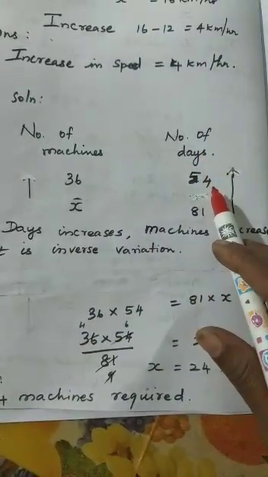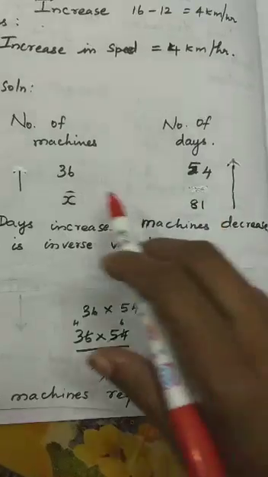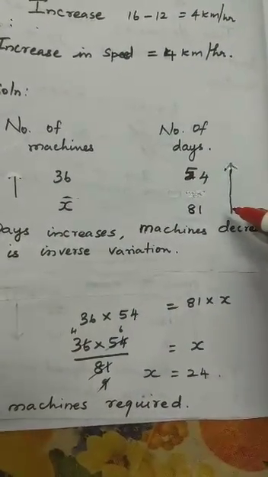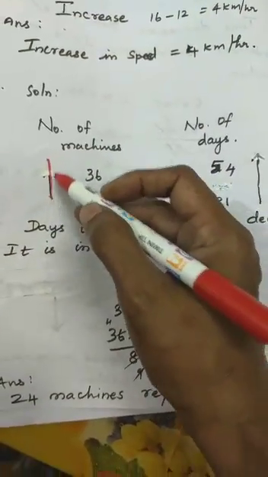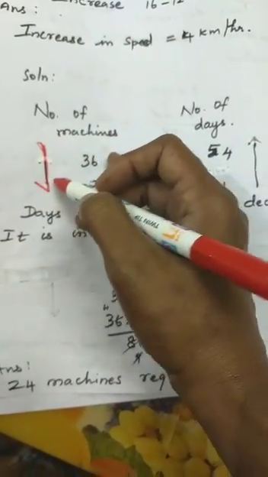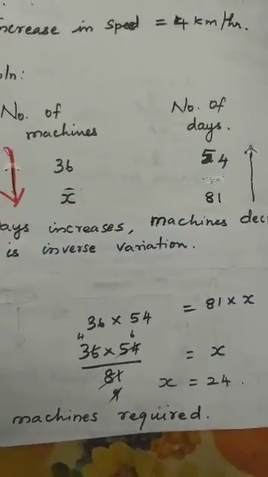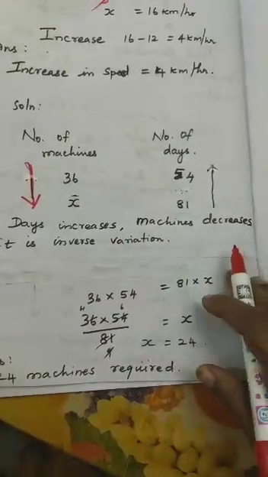Number of days is 54. So if for 81 days, how many machines will they use? Days increase means the machines will decrease. Machines decrease, so the days to finish increase. So number of days increases, machines decrease.